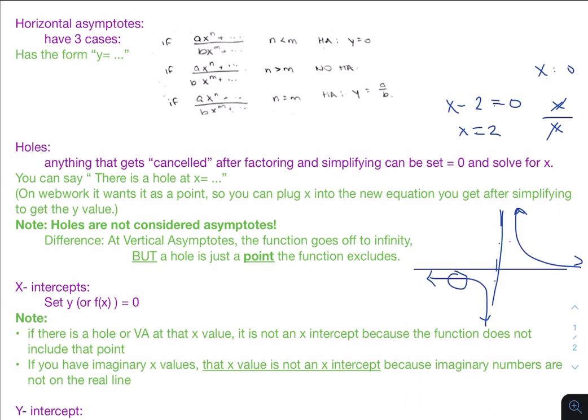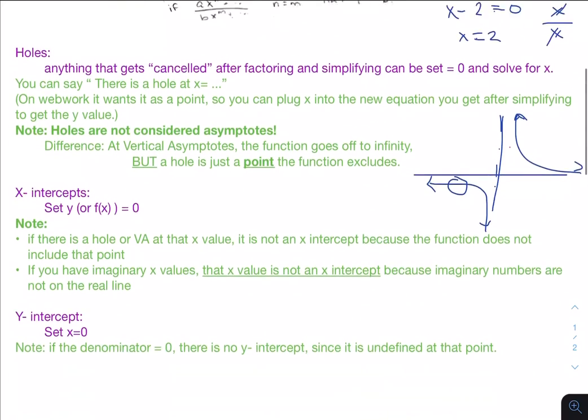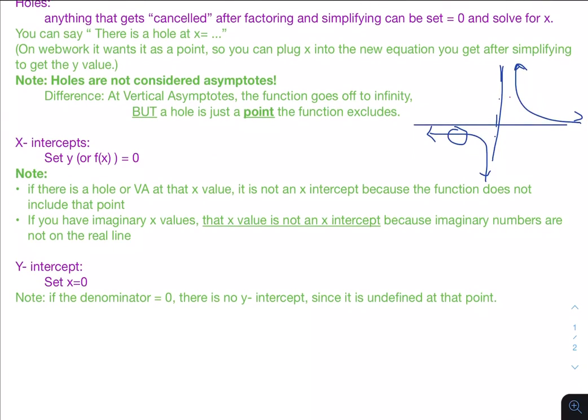For the x-intercept, you can determine it by setting y equal to 0, or f of x. f of x is the same thing as y. You always want to double check that the x-intercepts you find after setting y equal to 0 are not holes or vertical asymptotes.